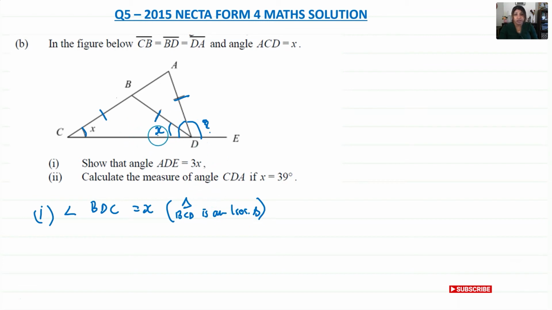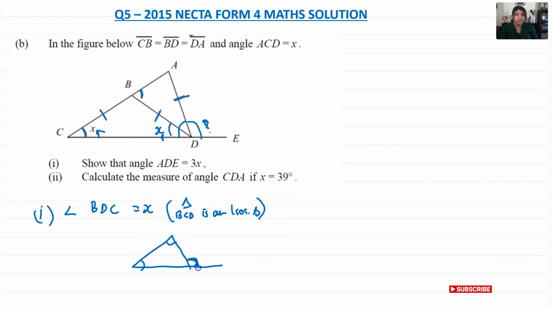Now I can use another knowledge of triangles. Angle ABD is going to be equal to this angle here plus this angle here. Why? Because the exterior angle of a triangle is equal to the sum of the opposite interior angles. If I have a triangle like this, this angle here is equal to this angle plus this angle.